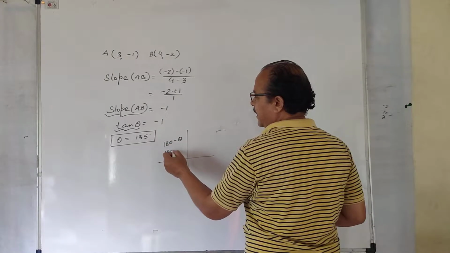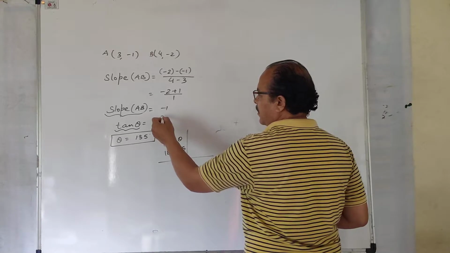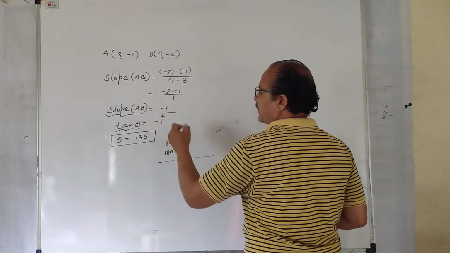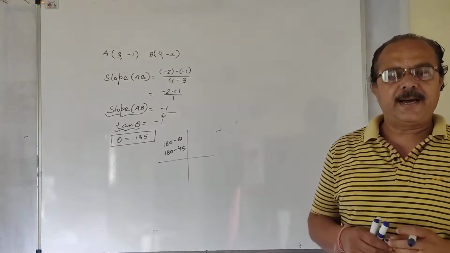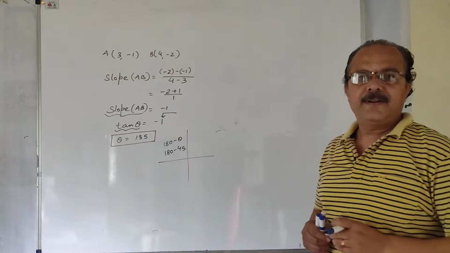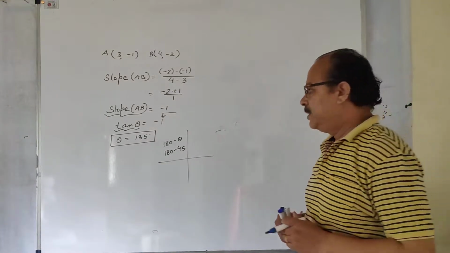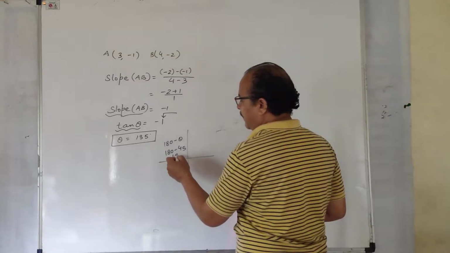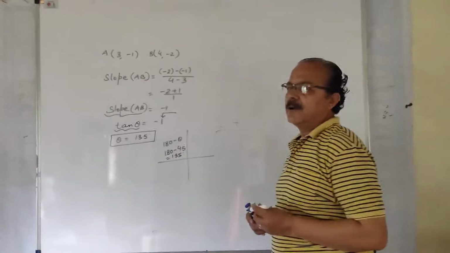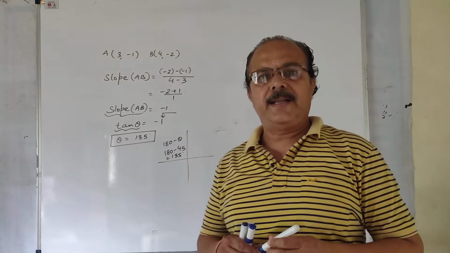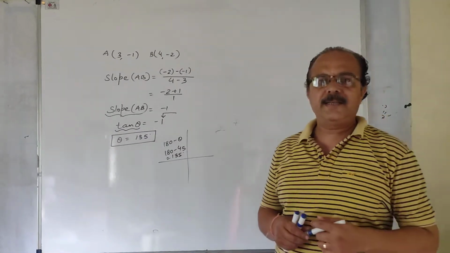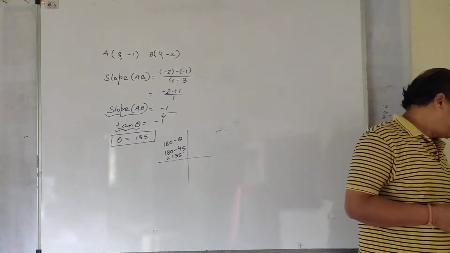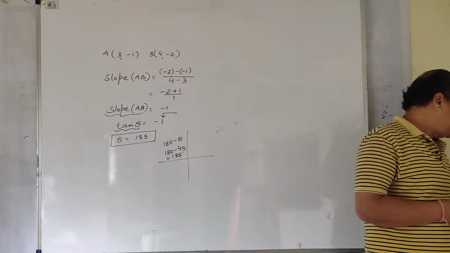So 180 minus 45. Why 45? Because this is 1, and when theta is 45, tan theta is 1. So that's why the angle will be 135. In this way, theta, the angle between the line and the x-axis, is 135 degrees. Now let's move on to the next question.